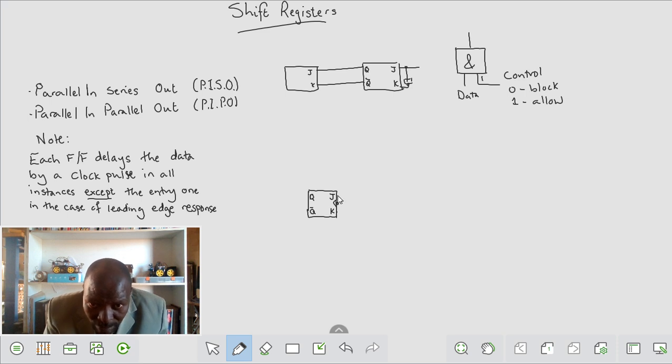So remember that it needs to be configured as a D type, so we need to put an inverter between. The inverter is pointing at K. Okay, careful about that.